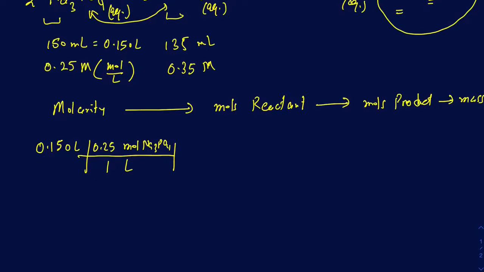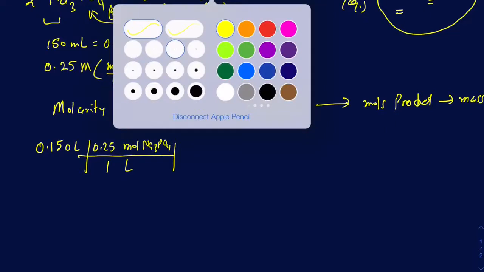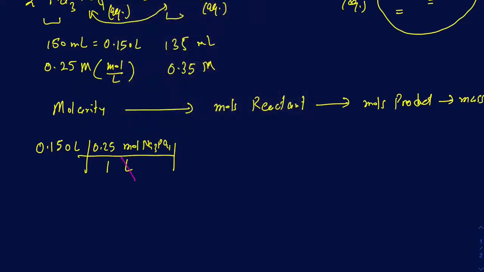You can certainly use the definition of molarity to calculate the moles. I'm still using the definition, but I'm writing it in the form of dimensional analysis because you can see it easily. Once you have this written out, you can clearly see the liters will cancel out. When you set these things up correctly, everything will cancel out except what you're looking for.